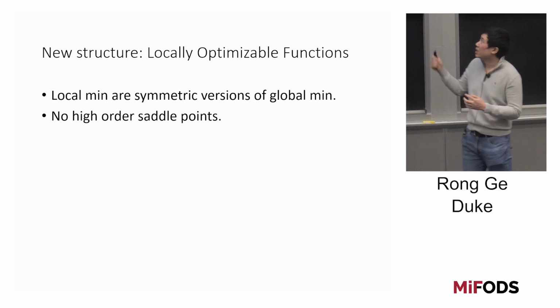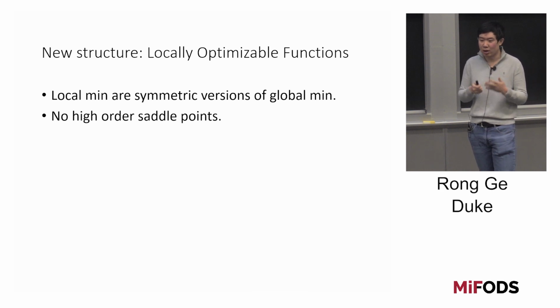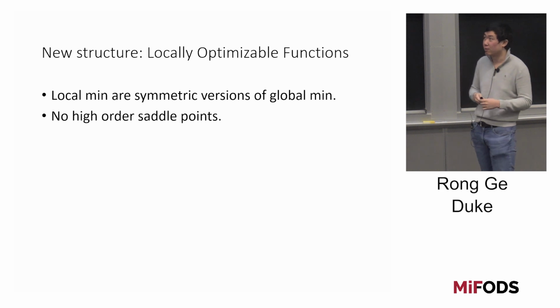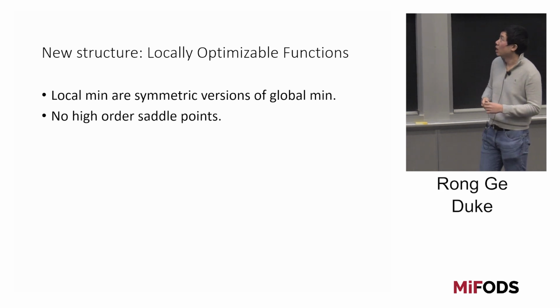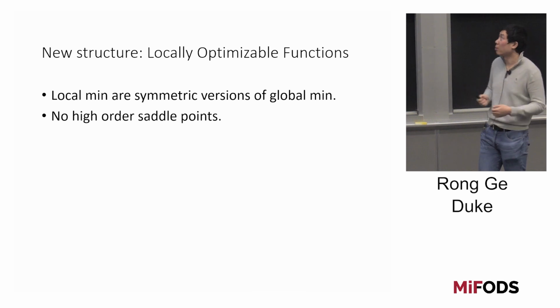Of course, the first constraint is a very strong assumption. Why do we believe that all the local minima are symmetric versions of the global optimal solution, right? But it turns out that although this condition is fairly strong, there are actually many interesting problems that satisfy these properties.